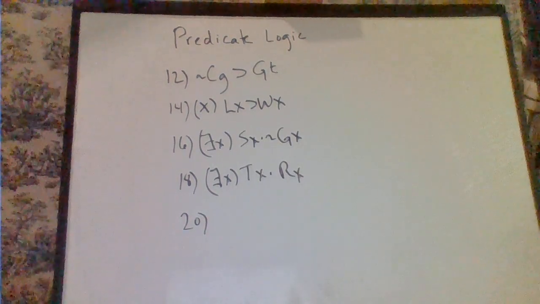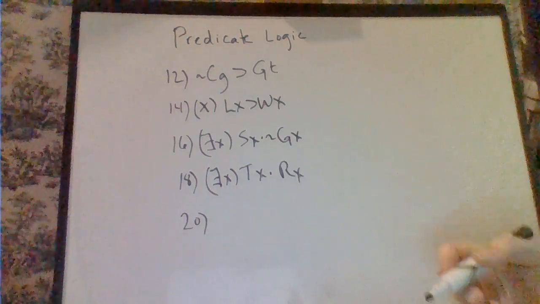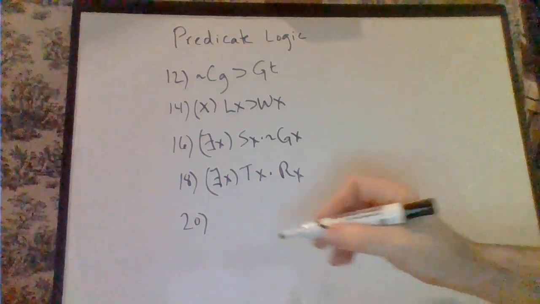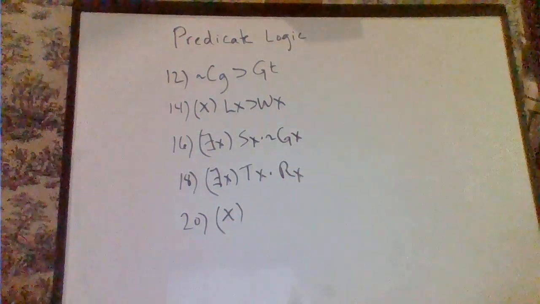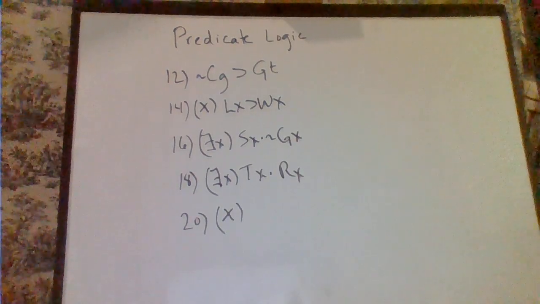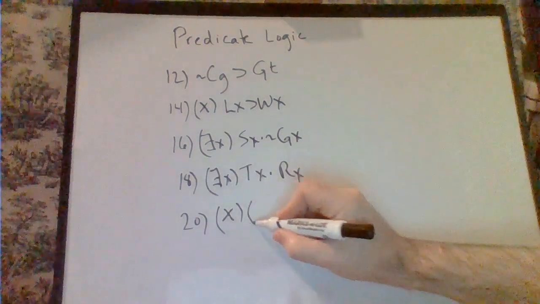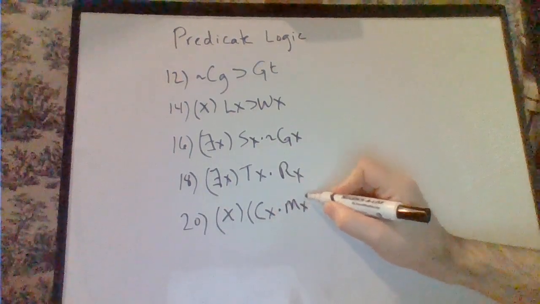All caring mothers are vigilant in nurturing. So because it's basically an A statement, you need the universal quantifier, which is x. Now, all caring mothers. In this case, to imply caring mother, you'd need Cx and Mx.